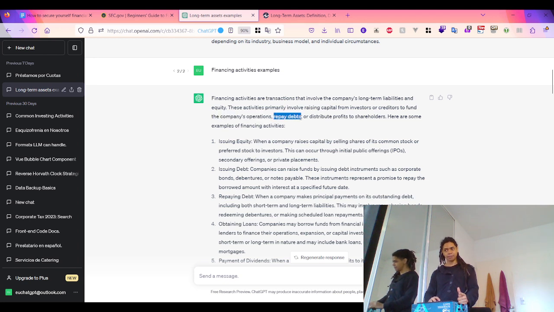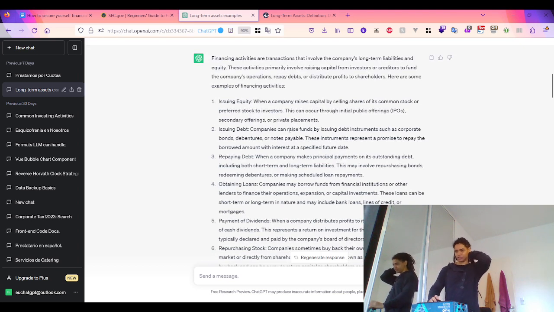This activity primarily involves raising capital from investors or creditors to fund the company's operations, repay debt, or distribute profits to shareholders.